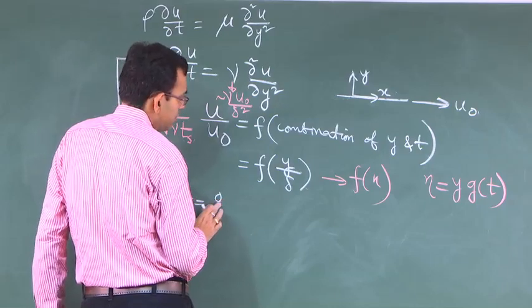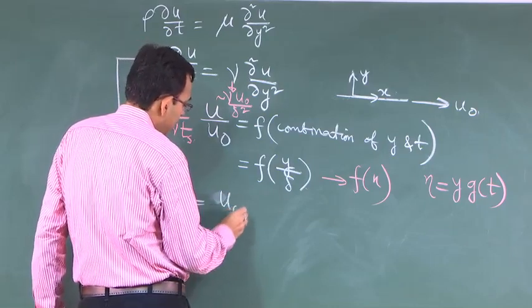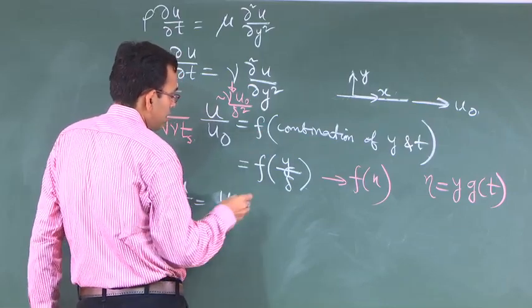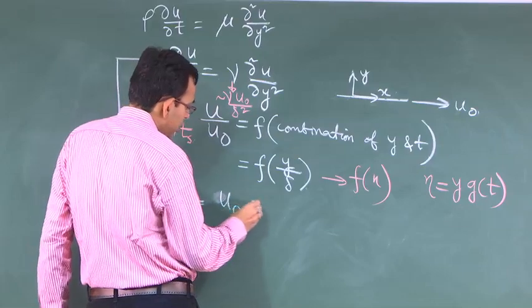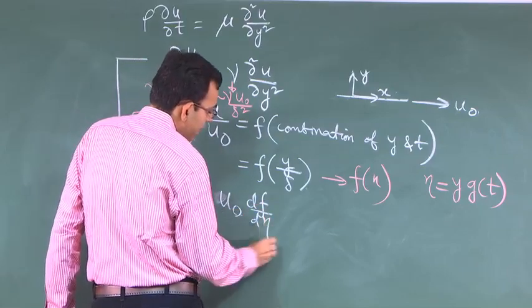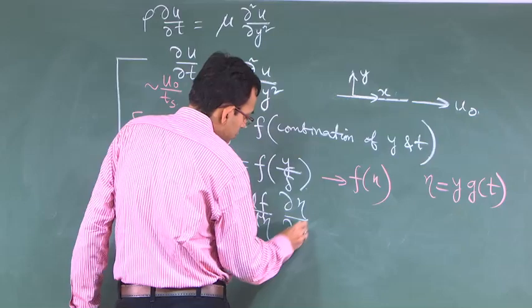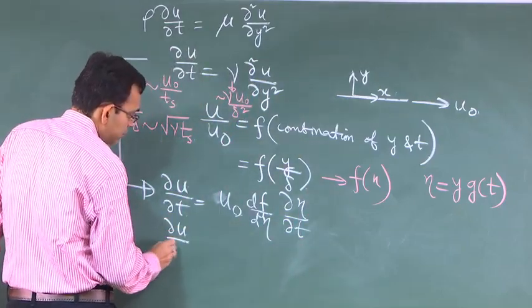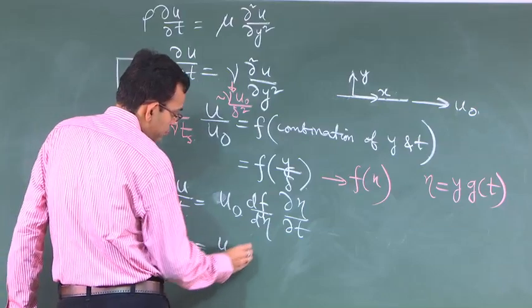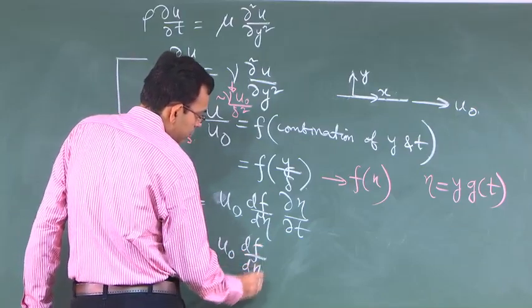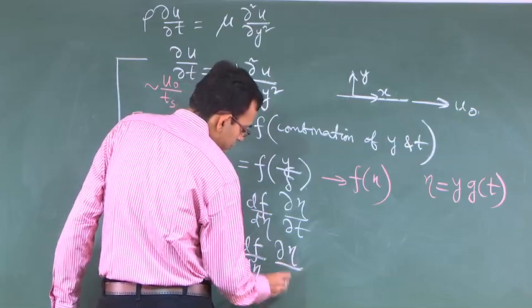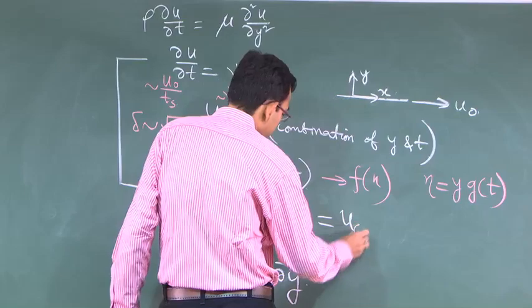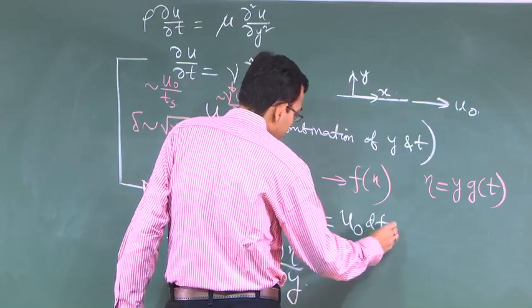So you can write, in place of u equal to, write u0 into f. So this is u0 df d eta. Then, let us write this u0 df d eta.